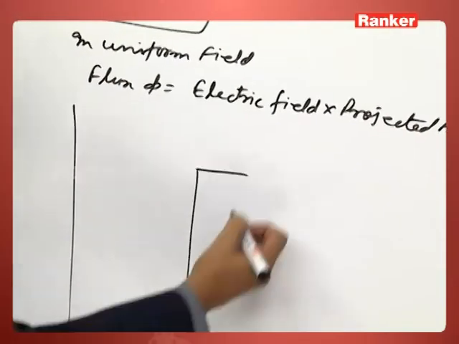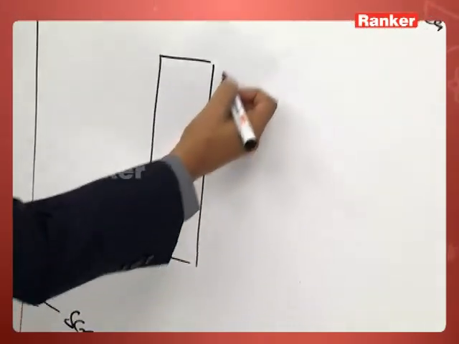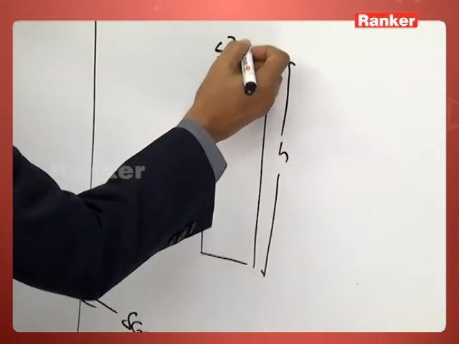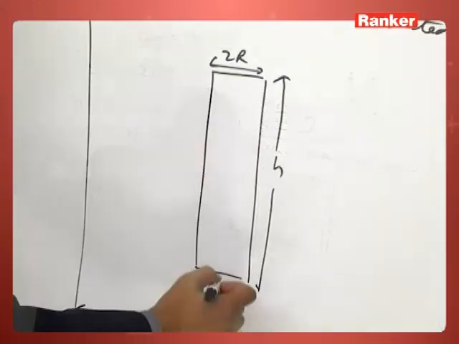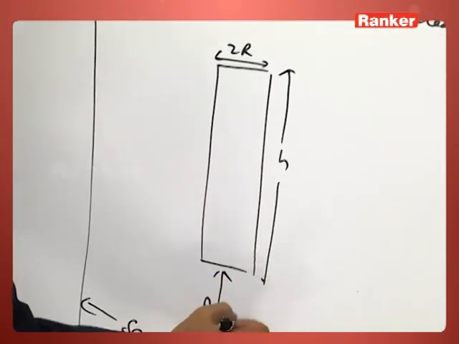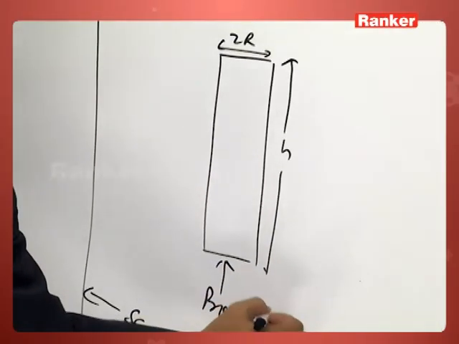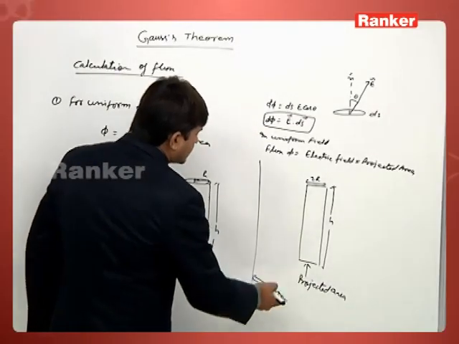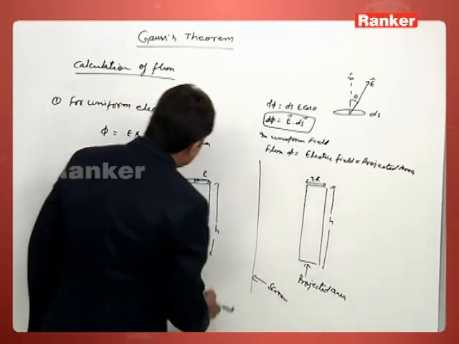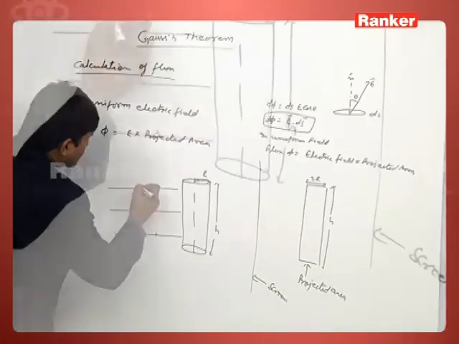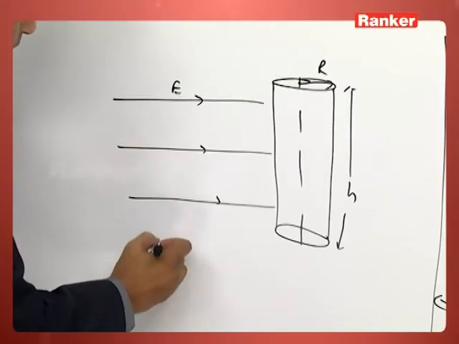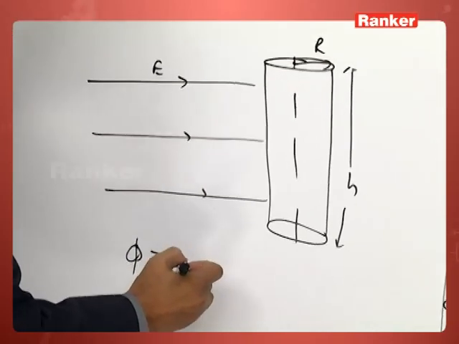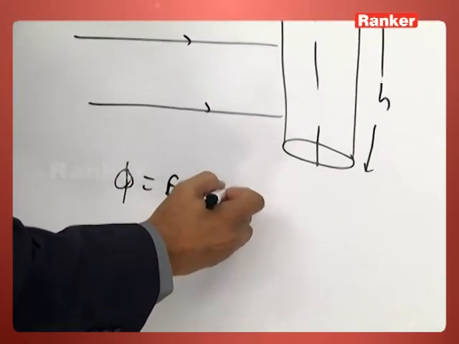This is the projected area of the cylinder. The area of this will be 2rh. So the flux through this is equal to your electric field E into 2rh.